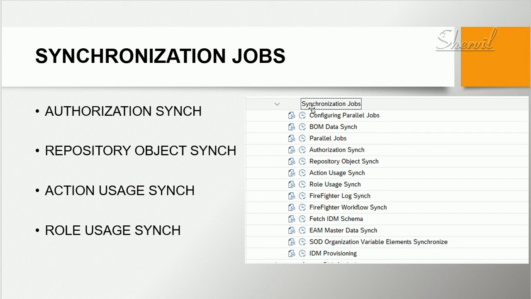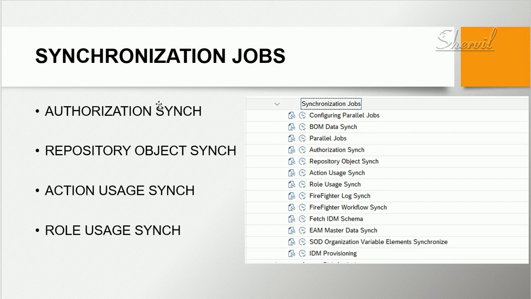They're all under the jobs, synchronization jobs node, and authorization data repository, which is object sync, which basically syncs up your backend systems' user IDs, roles, and profiles with your GRC system, action usages, the transaction codes that are being used in the backend system, and the roles that are being used in the backend systems.